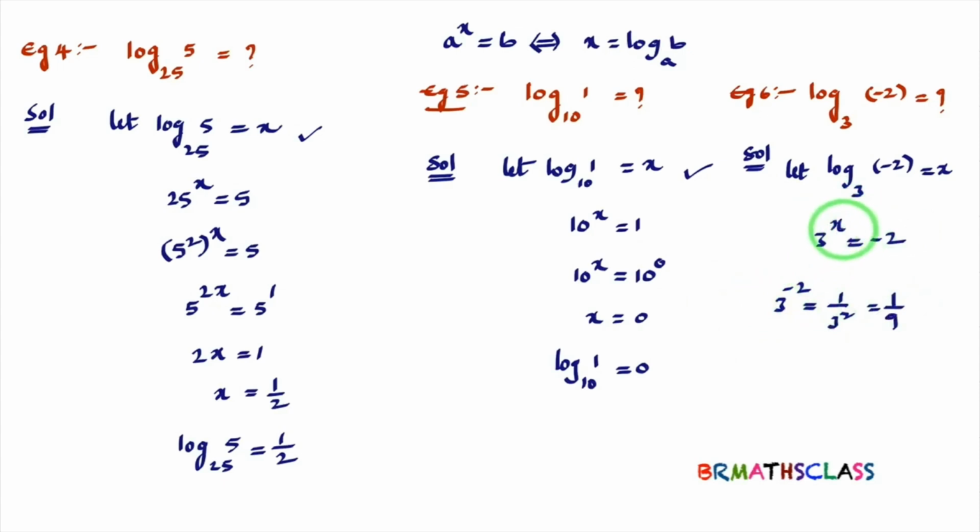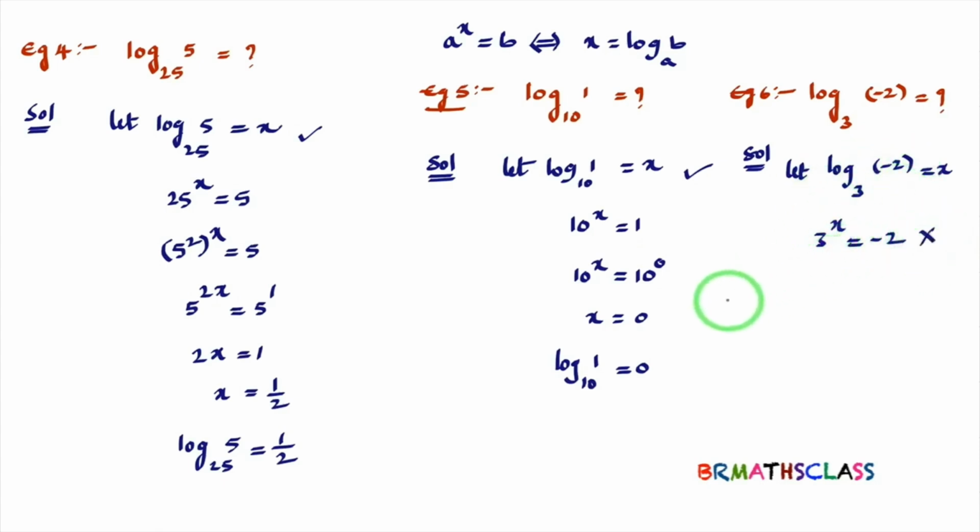If you take x as 0, 3 power 0 value is 1. Try to understand what I am asking: you find some x value such that 3 power that number is negative. You won't get it. I hope you are understanding. You cannot find x such that 3 power x is negative. So what is happening here? It is not defined. We cannot find this value.